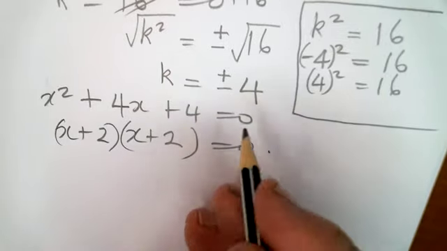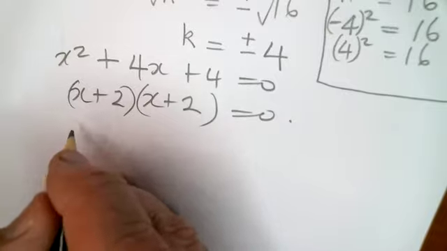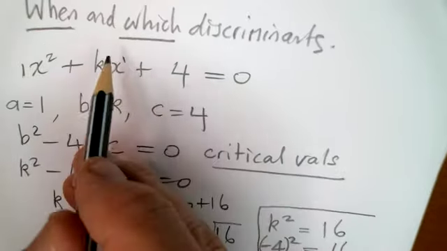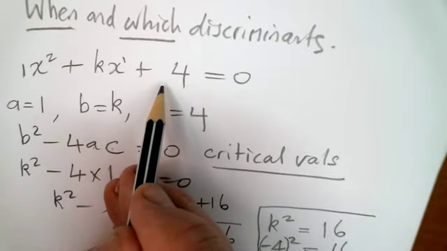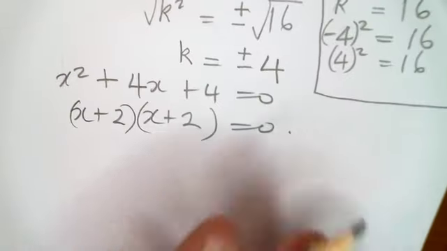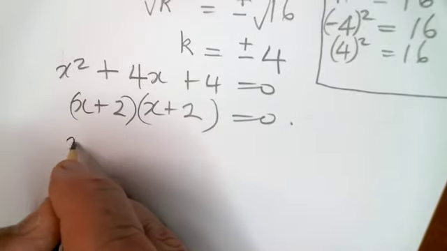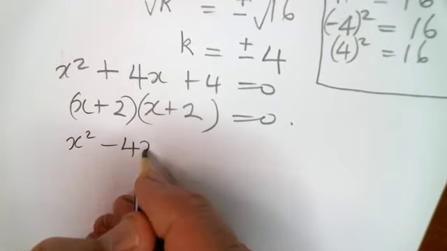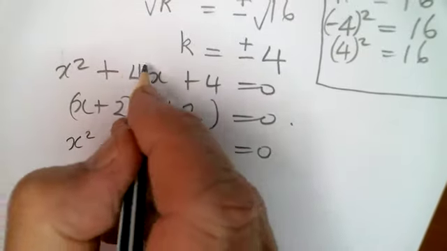Of course, it could also be minus 4, and that would also work. Because really all we're doing is saying, what are the possible values of k that would make this equation true? You could have x plus 2 and x plus 2, or you could have x squared minus 4x plus 4. Remember, this was our k value.